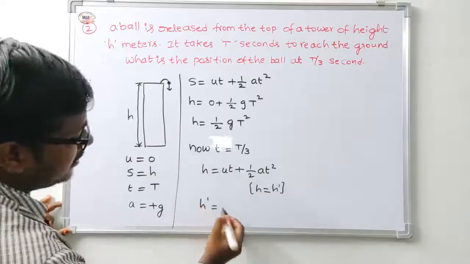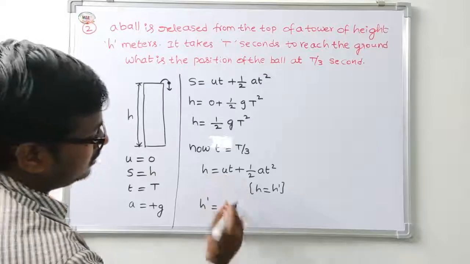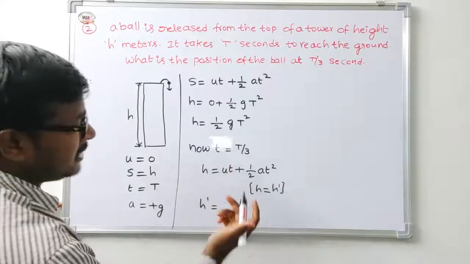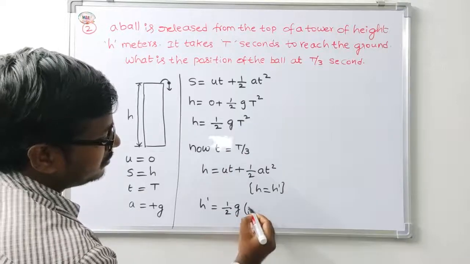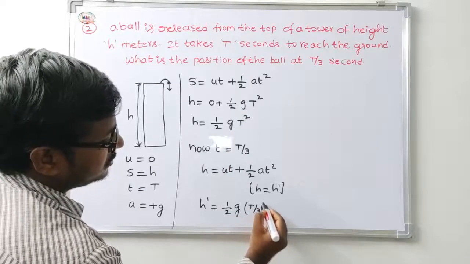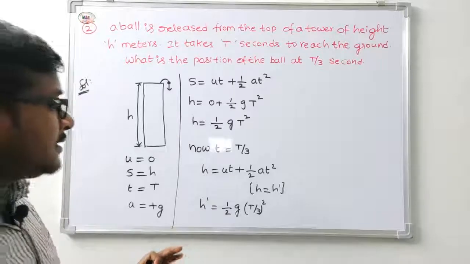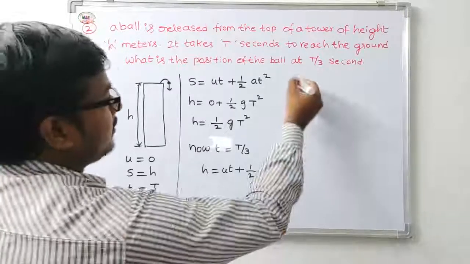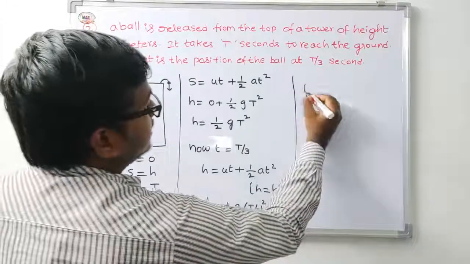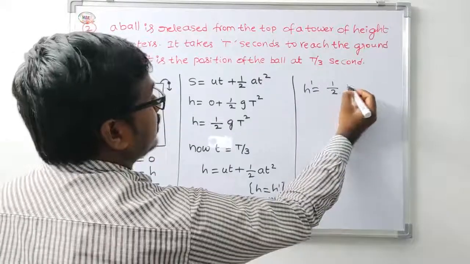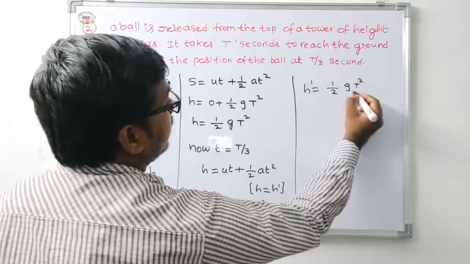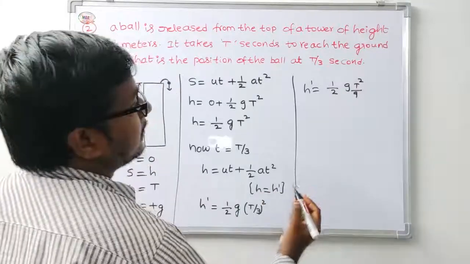H dash is equal to 0 plus half into g into (T by 3) whole square. Then H dash is equal to half into g T square by 9.